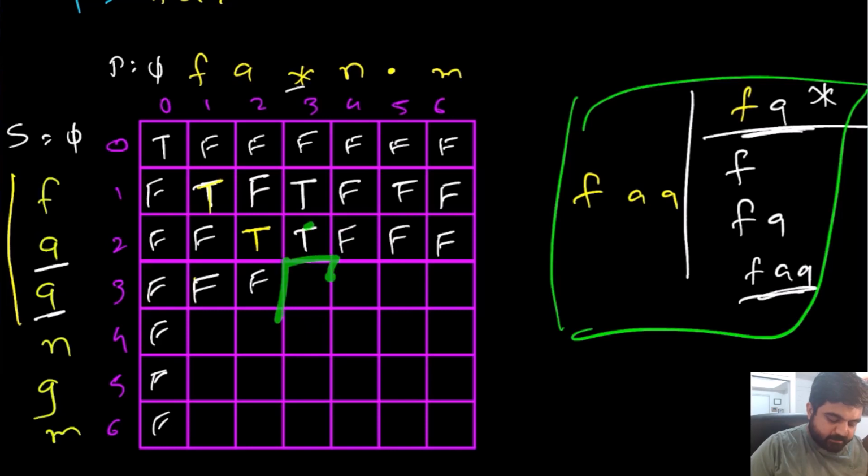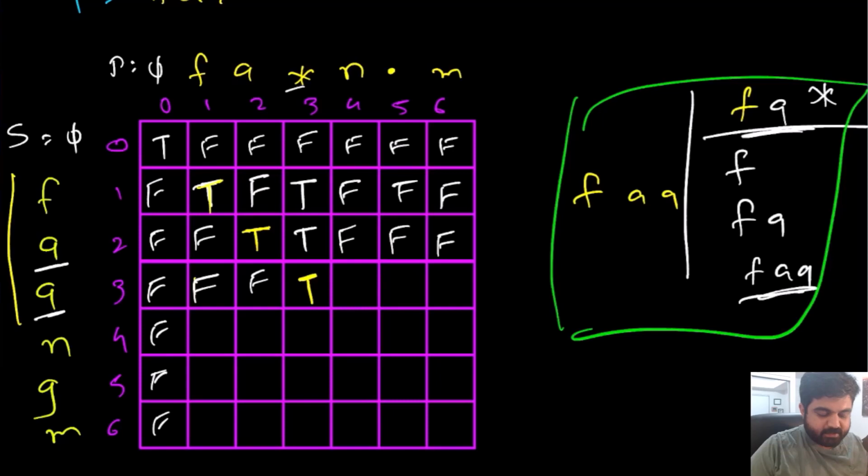For this particular box, if any one of the values is true, we will mark that value over here. If all three are false, then only we will mark it as false. And why does this happen? Because this was a star value and there could be a bunch of different possibilities we can use over here. This was the most difficult part of this problem, and congratulations, you understood it perfectly.